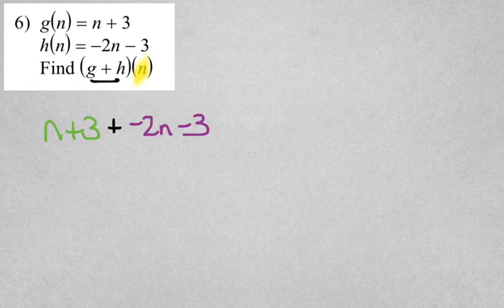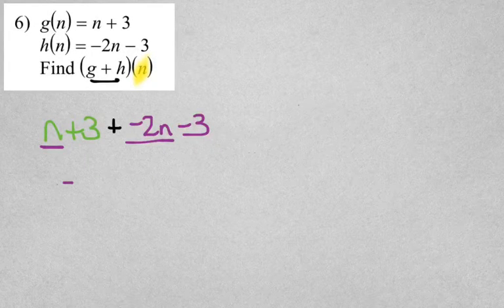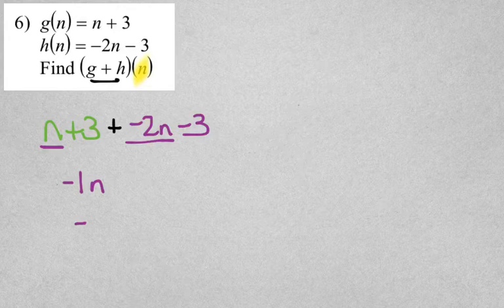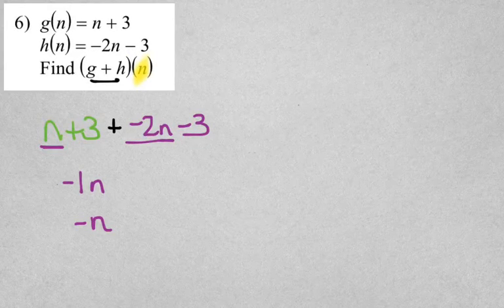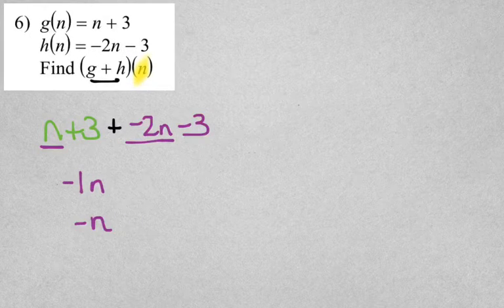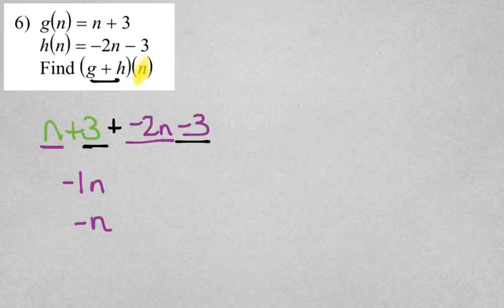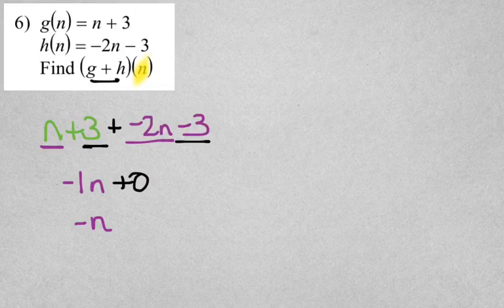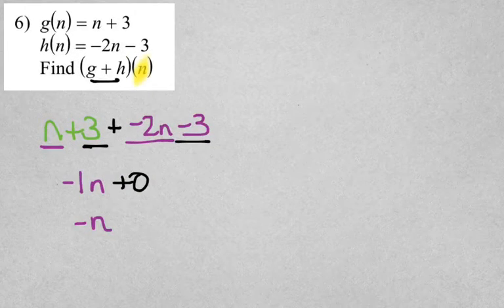Again, I'm going to combine like terms. And so n minus 2n is going to be negative 1n, or just negative n. And then I take the 3 minus 3, that gives me 0. I don't technically have to write that 1 or the 0, so my final answer is just negative n.